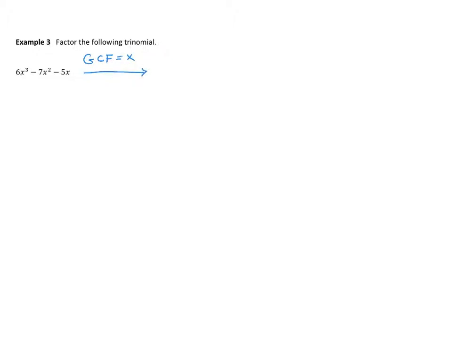If I do that, I have x times 6x squared minus 7x minus 5. You can check. If you multiply the x back in, it would take us back to this term. What I can now do is break this thing apart, just the stuff inside the parentheses, by using the method in the previous example, where I'm going to take the 6, the negative 5, multiply them together, and then choose the factors that would add to give me this negative 7.